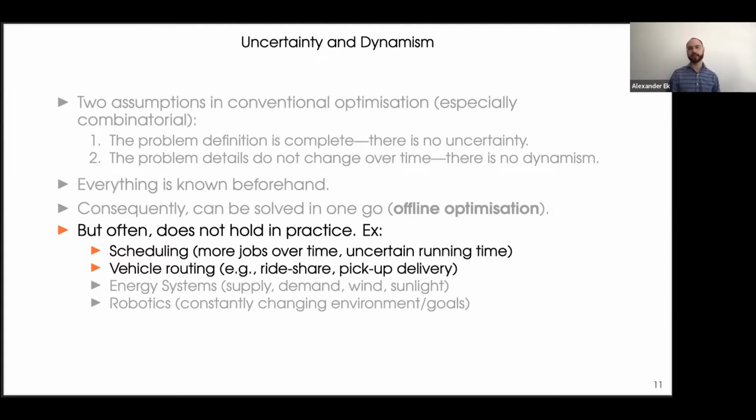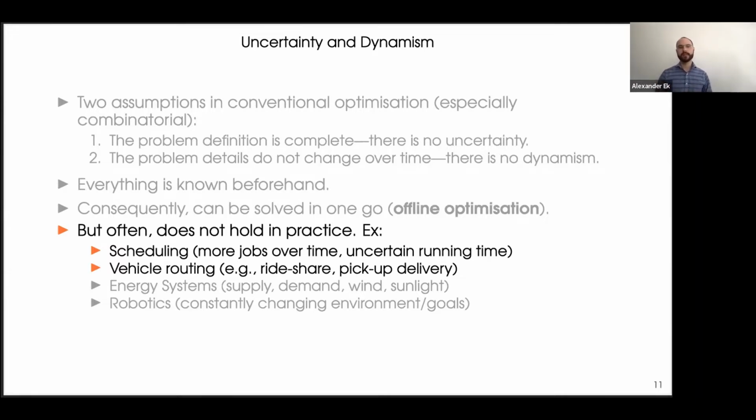Vehicle routing. Think about rideshare and pickup and delivery. I like the rideshare example because if you remember before the pandemic, we had Uber and things like that, where you could actually do the rideshare and jump in the middle of someone else being transferred from one position to another. You can jump into the car in the middle of that and then be dropped off on the way when the other person is getting dropped off, right?